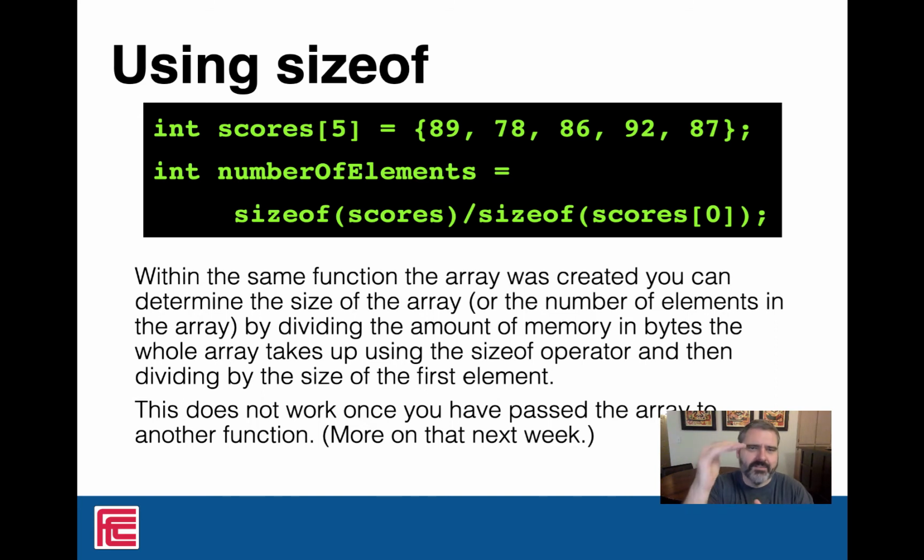The problem is you don't know what function. I mean, you kind of know what one function is, main. So long as it's in main, at this point, you're fine. You can do this. But the second you start creating other functions and you start passing arrays to those functions, then you might have a bit of a problem.